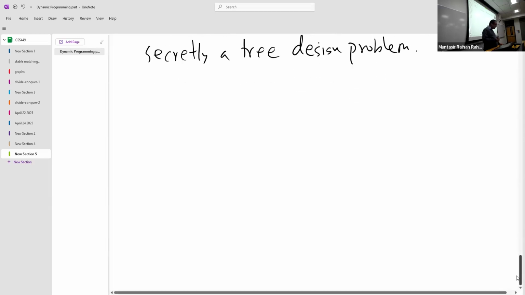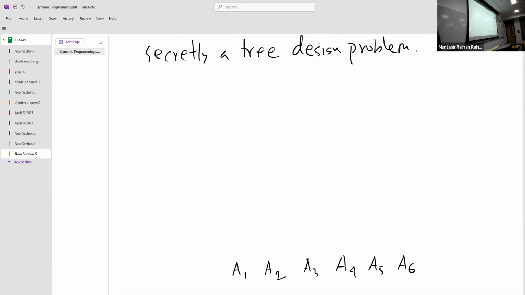Let's say I have 6 matrices A1 to A6. Then I need to multiply all these matrices, and I can choose which ones I multiply in which order.